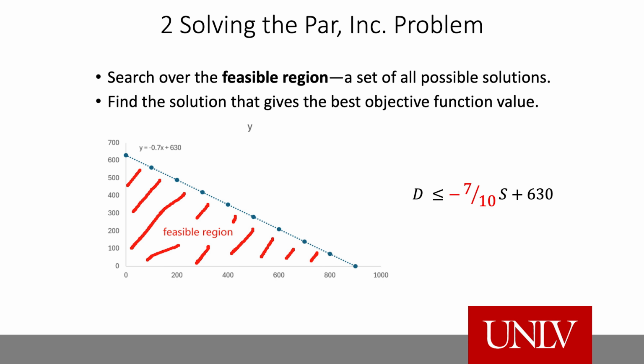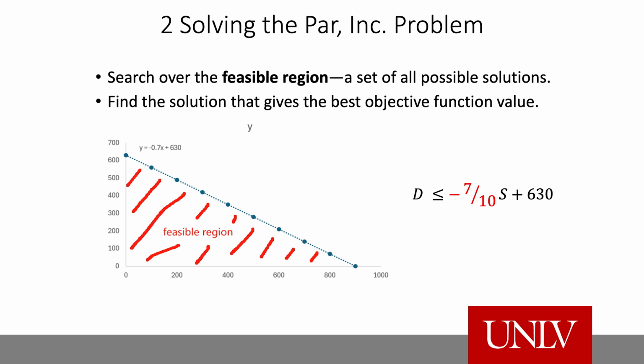The line and one side of it represent all combinations that satisfy the constraint, and that is called a half space. The feasible region is formed by the intersection of all of these half spaces. It shows every point that meets all constraints at the same time.